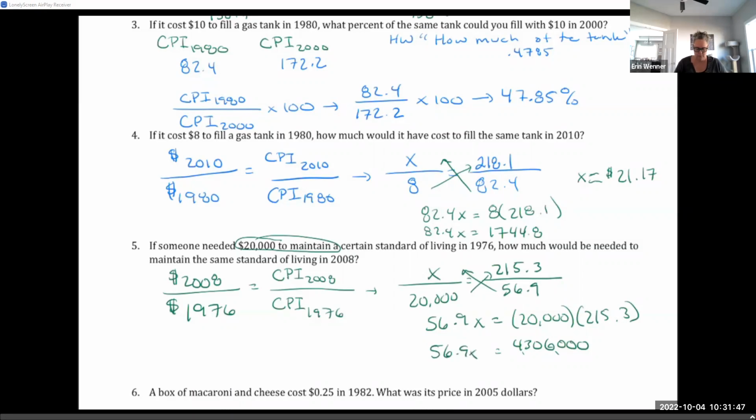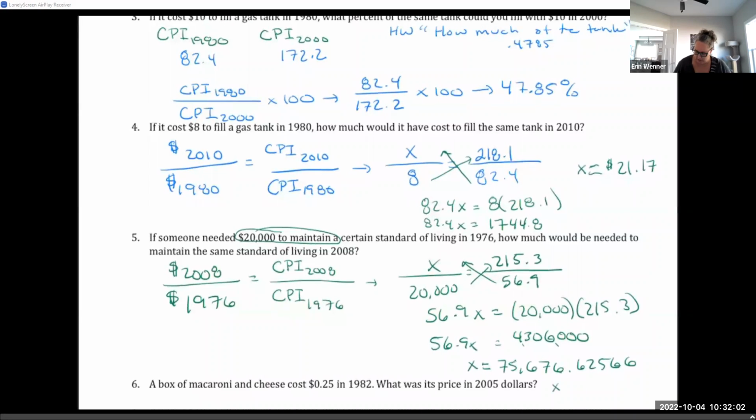Dividing by 56.9, we end up with x equals 75,676.62566. Nearest penny is 2 decimal places, so x is approximately equal to $75,676.63, meaning 63 cents.